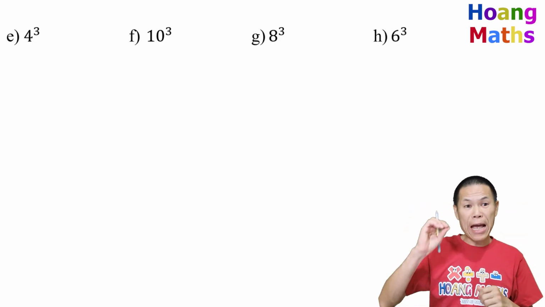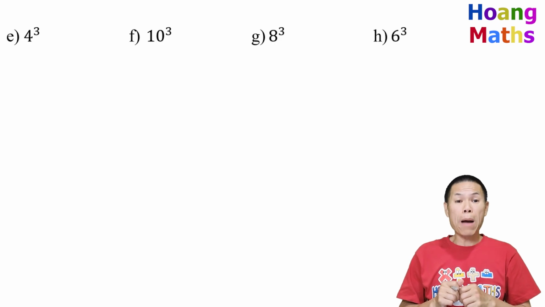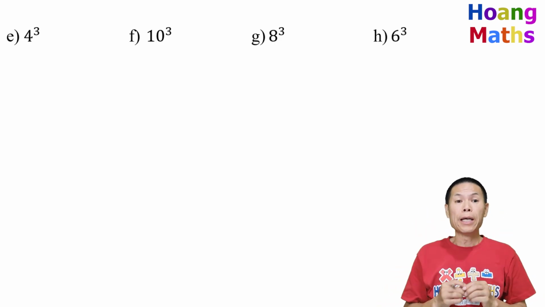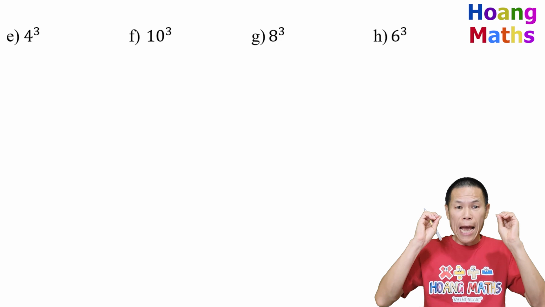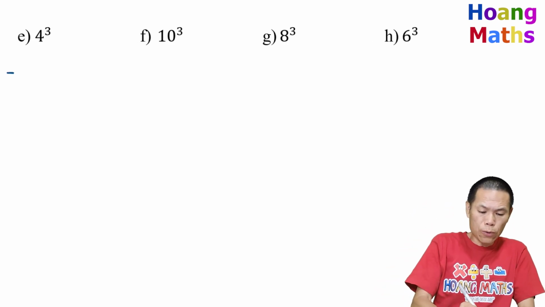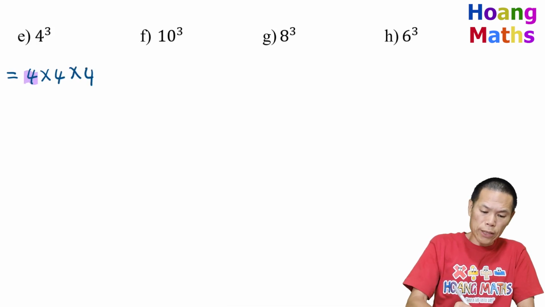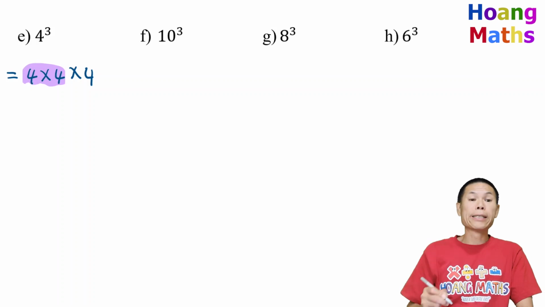Hi, I'm back. How did you go? Let me go through them with you. So 4 power 3 or 4 cubes is equal to 4 times 4 times 4. And we know that 4 times 4 is 16.